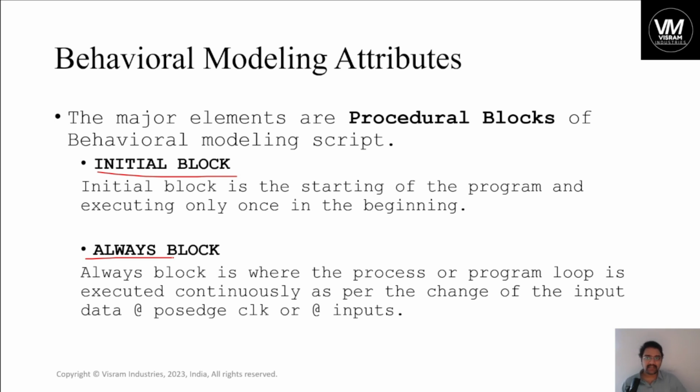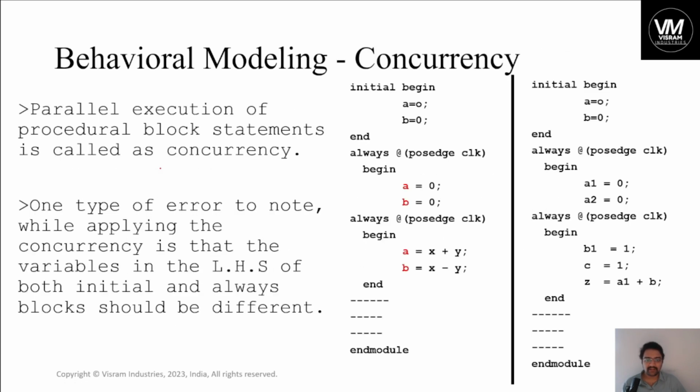When we write behavioral modeling in Verilog HDL, we write the initial block first and then the always block comes. In that way you can recollect and remember that.